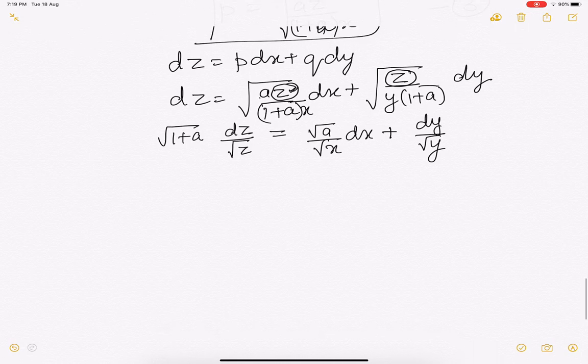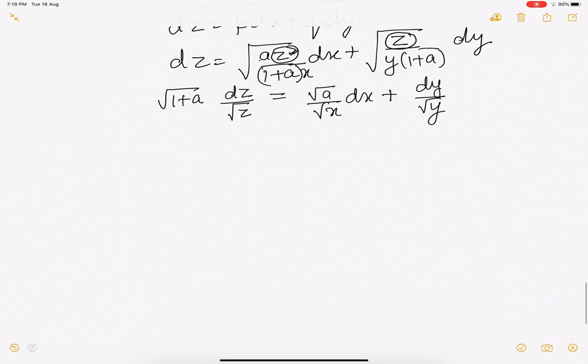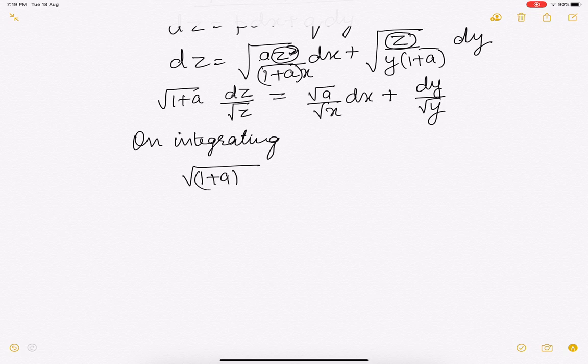Let us integrate this. So on integrating we get root over 1 plus a times root z, because we know the integration of 1 upon root z, that is z to the power minus half, and we also know the integration of x to the power minus half with respect to x.